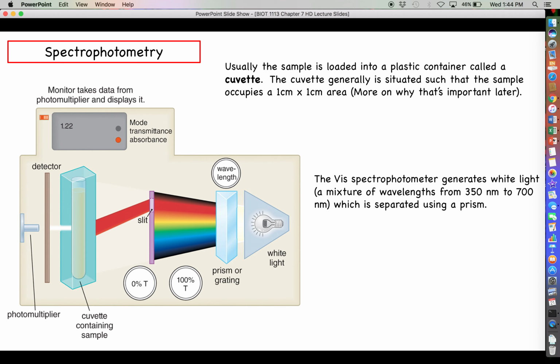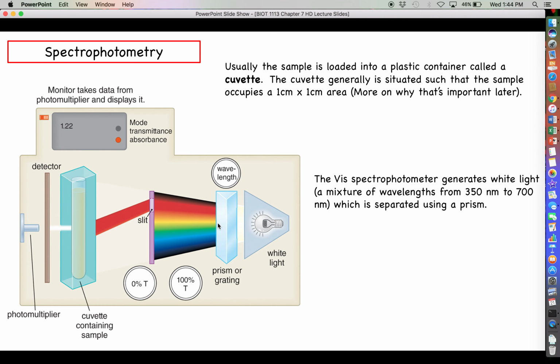So if we're using a visible spectrophotometer, the spectrophotometer will generate white light, which is just a mixture of light of all the visible wavelengths, everything from 350 nanometers to 700 nanometers. And then a grating or prism will separate these wavelengths apart from each other, kind of like the cover of Pink Floyd's Dark Side of the Moon, if you're familiar with that sort of thing.